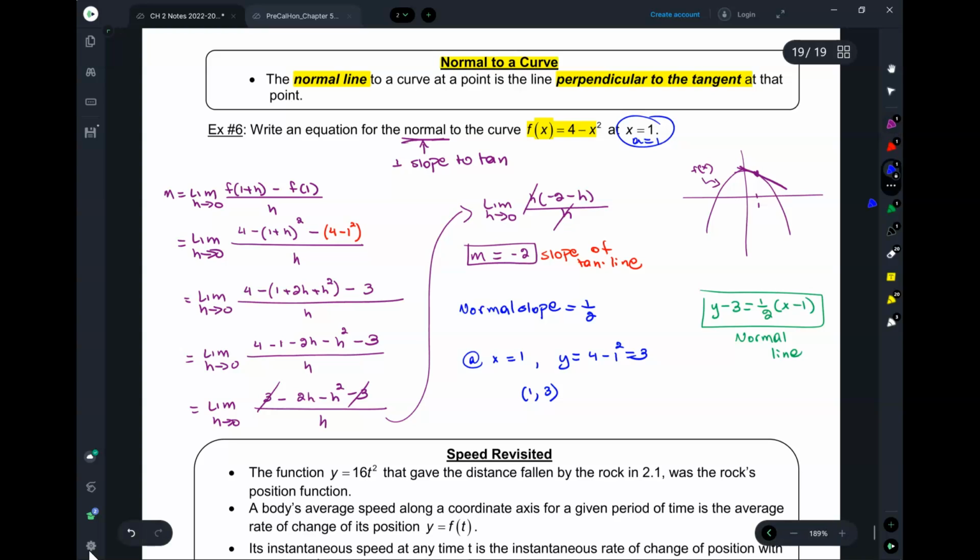The normal line is this. It's perpendicular at that point. So if the slope of the tangent line is equal to -2, the slope of the normal line is 1/2. So that's what we've done. And this green equation here is the slope of that perpendicular line, right? Perpendicular to the tangent line, right?